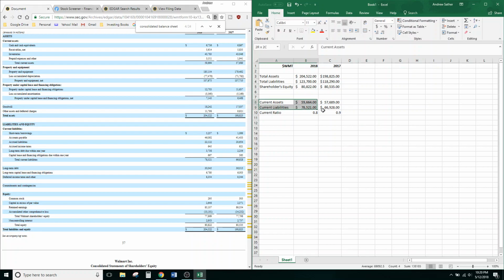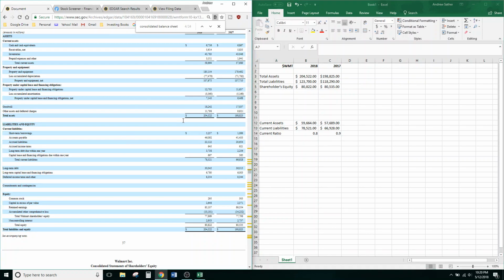So just like we calculated the current ratio, there's a couple of key metrics we can calculate from these balance sheet numbers that will help us determine the risk factor of a particular business. One that I love to use is the debt to equity ratio.